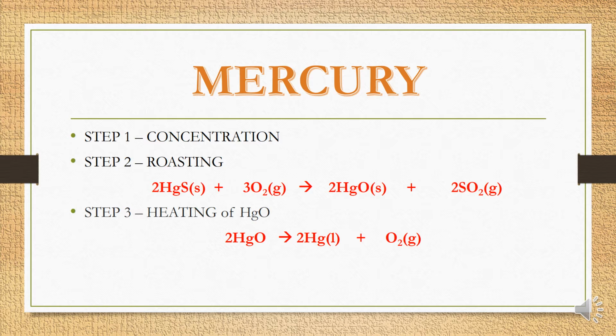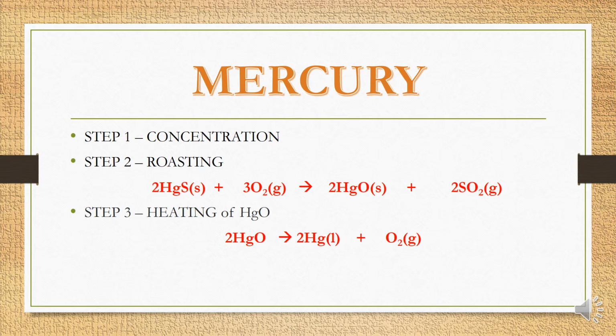Now, children, in the last topic I told you every ore has to be concentrated first, and concentration depends upon the physical properties of the ore as well as the gangue particles present in the ore. Here cinnabar will be concentrated first.